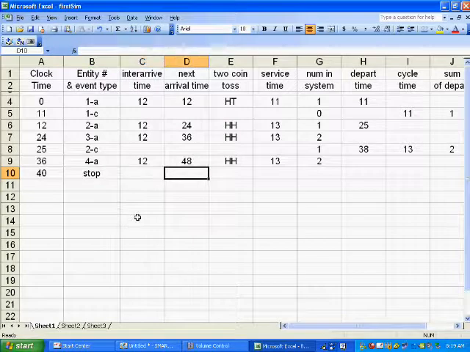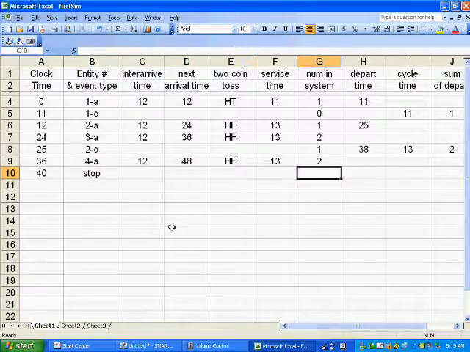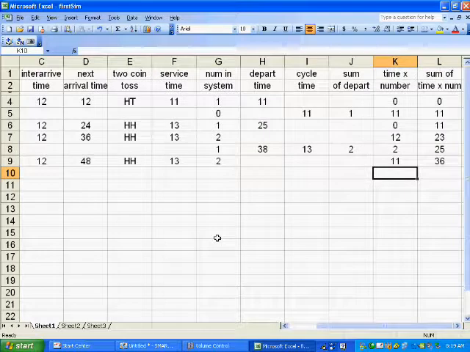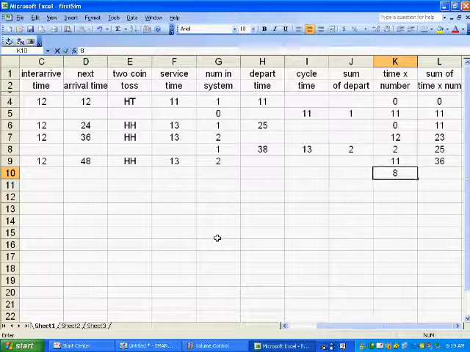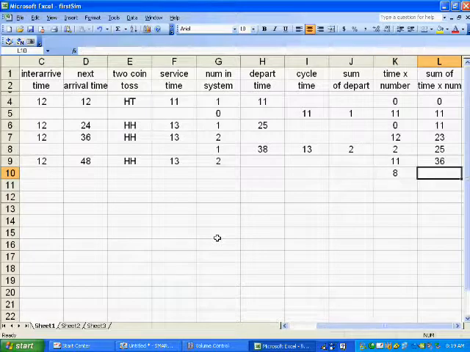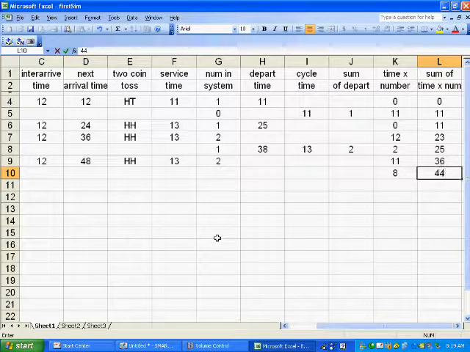We don't have to worry about inter-arrival times or anything. Nothing leaves. If we run it till 40, we look backwards in time. What's the time interval? 4. How many were in the system during those 4 time units? 2. So we're going to multiply to get 8. So this gets us the area of 8, and 36 plus 8 is 44.